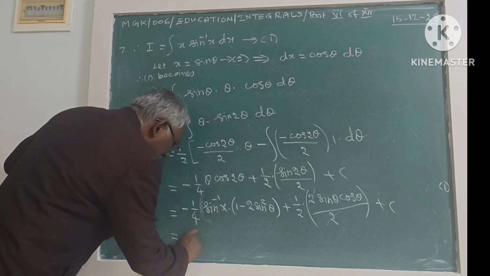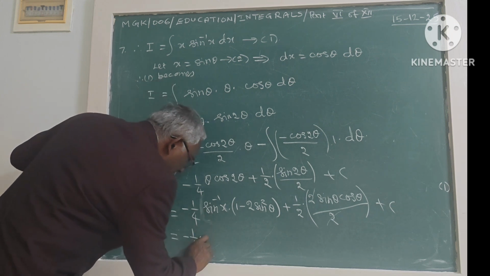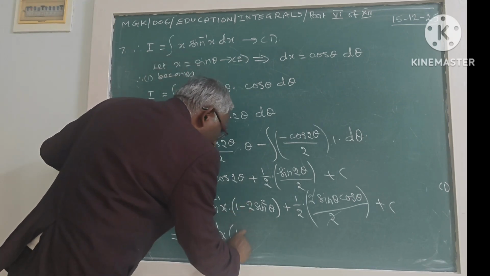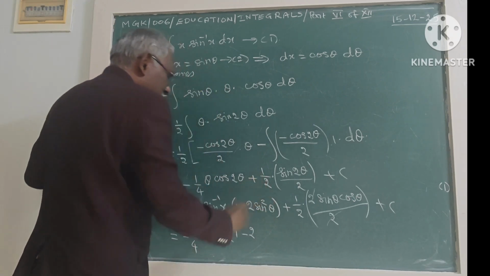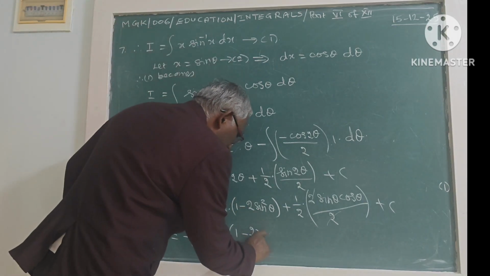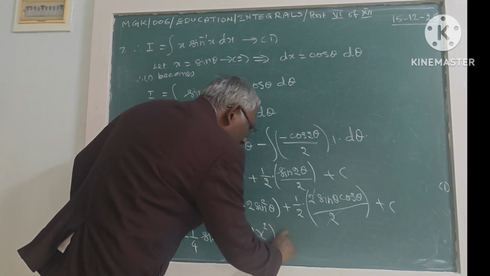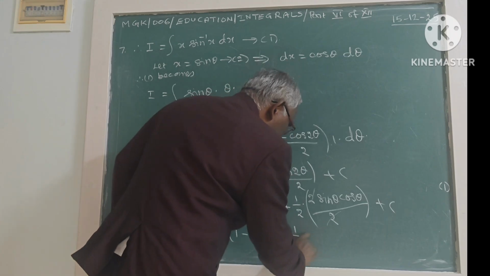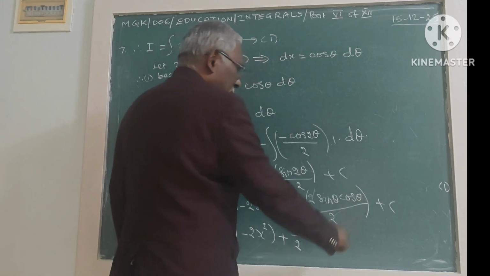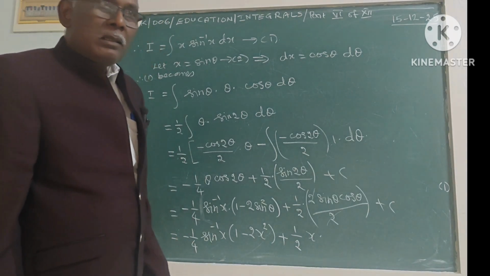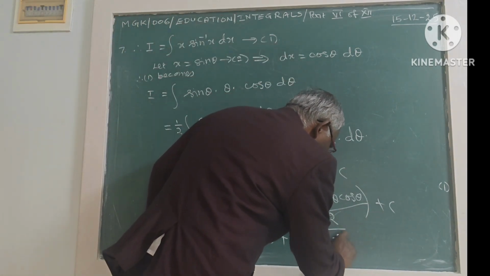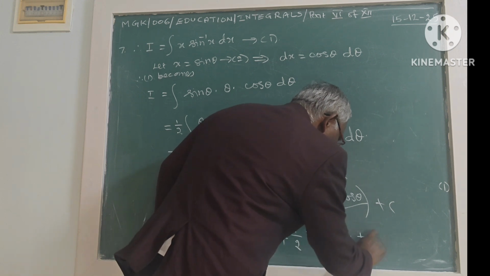So this will be minus 1 by 4 times sin inverse x into 1 minus 2 times sin theta is x, so it will be x square, plus half times sin theta is x, cos theta is the square root of 1 minus sin square theta, so it will be square root of 1 minus x square plus constant.